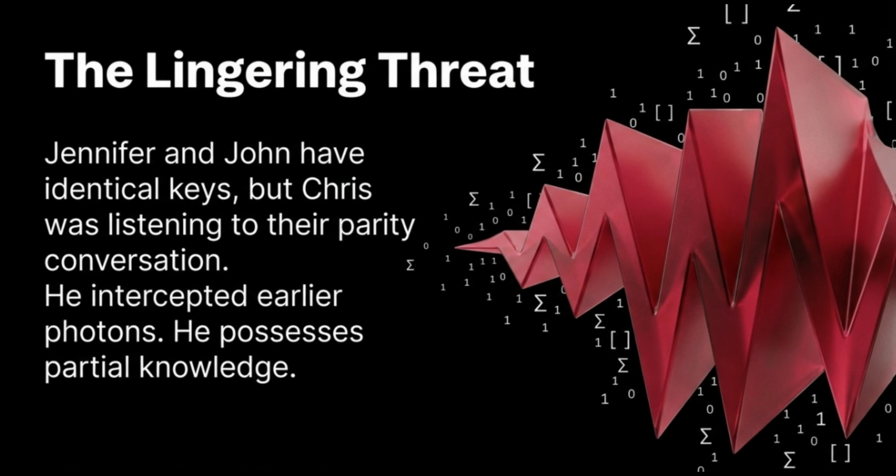We cannot use this key as it stands. We need one final aggressive purge to turn Chris's partial knowledge into absolute zero. To achieve this, we move to the final phase of our pipeline. Let's look at how we use the mathematical meat grinder of privacy amplification to finish the job.